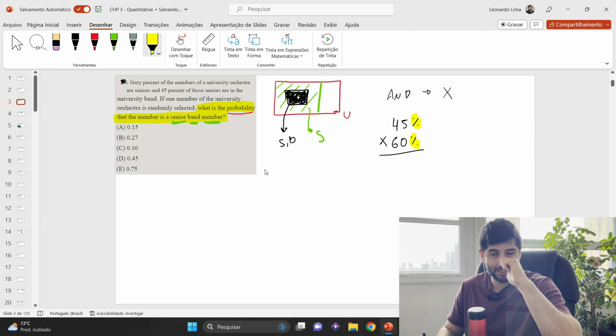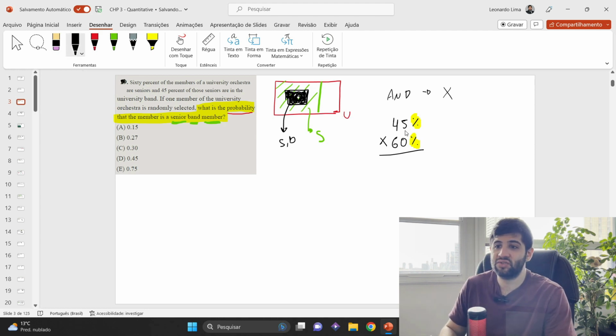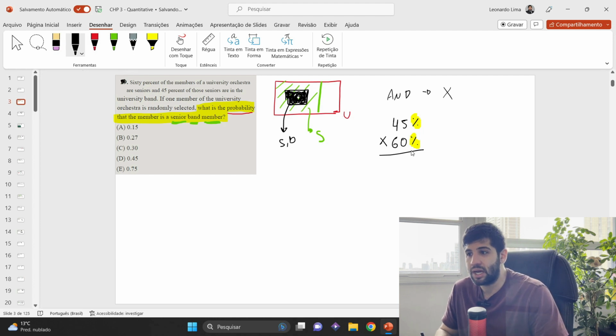So we just need to get rid of one of those, or you can transform both of those percentages into 0.45 or 0.60. You can do it the way that you prefer. But in this case, I prefer to do it like that.